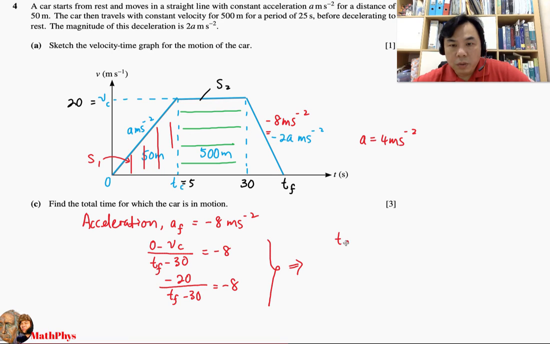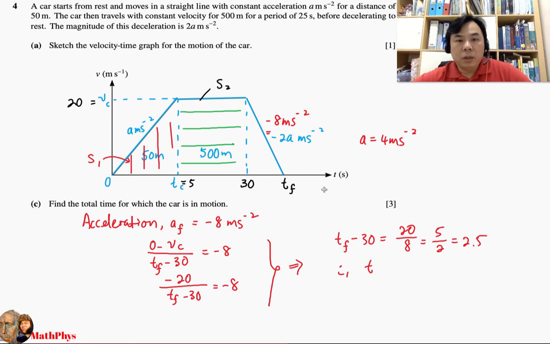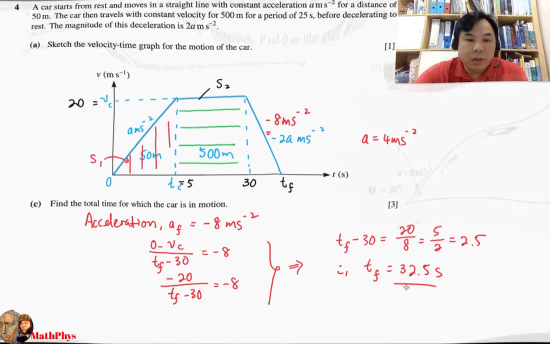So I will get Tf minus 30 is actually equal to 20 divided by 8 here, or basically just 2.5. Therefore, the total journey time in this case would be 32.5 seconds. All right, so I hope that is clear for the last section. Now I'll move on to the next question shortly.